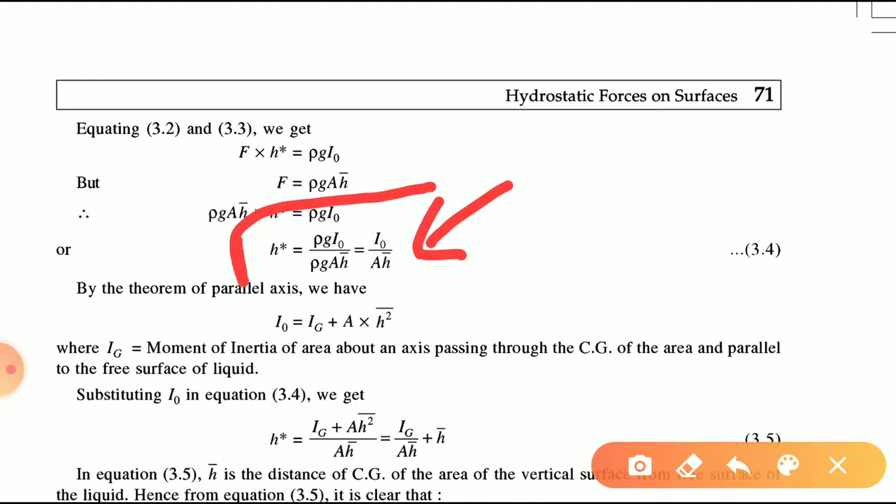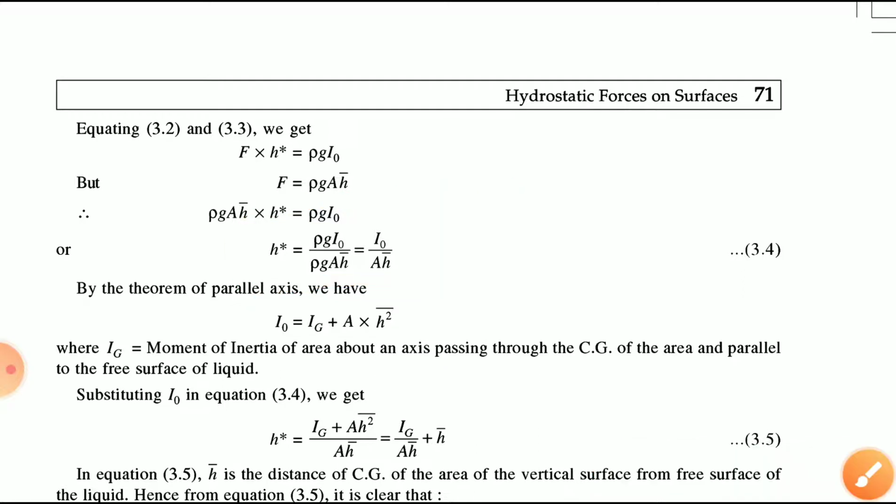So this is the expression for S star: I0, the second moment of inertia of the surface about the free surface of the liquid, divided by the area of this vertical surface multiplied by h bar, the distance between the center of gravity of this surface and the free surface of the liquid.